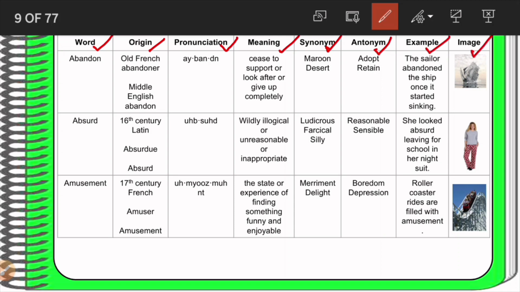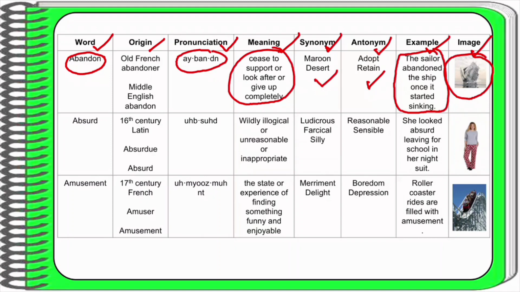After the preparation of the table, now you need to pick up the words from the list of content words. Now enter the words in alphabetical order. As you can see here, the first word in my list is abandon. Write the word here. Now you should enter the origin of the word, including the etymology of the word.